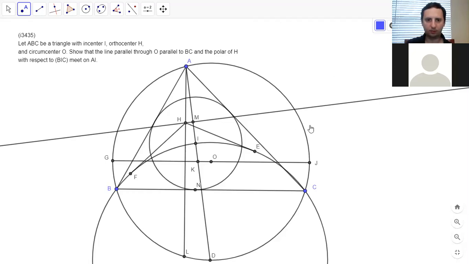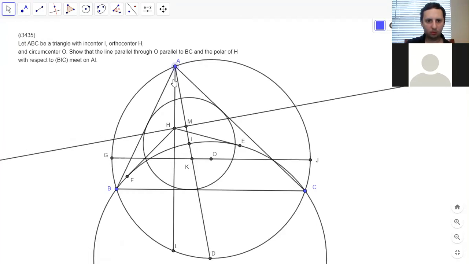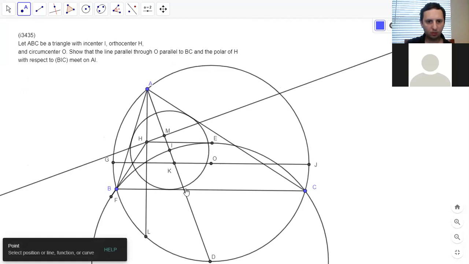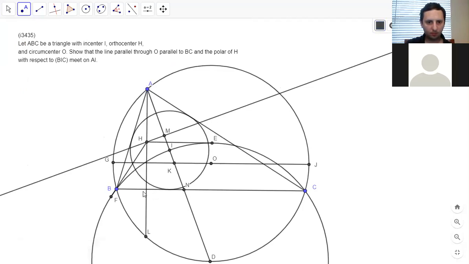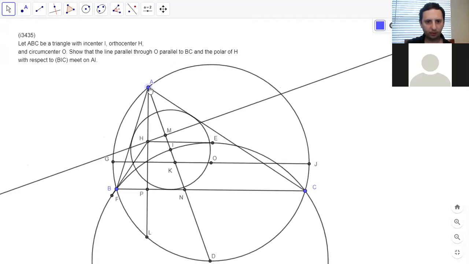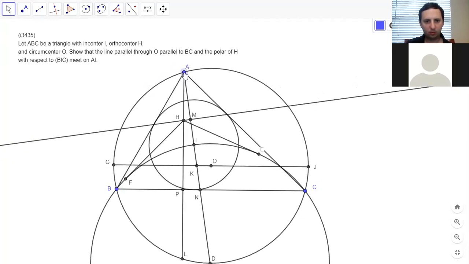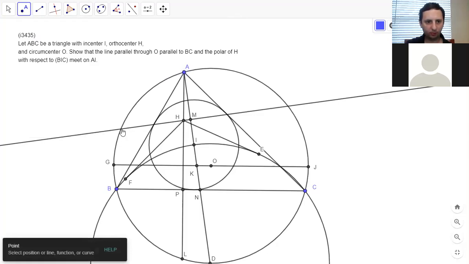I'm going to have to zoom in. There we go. This is actually not a bad diagram right here. Let me just draw these 2 points.